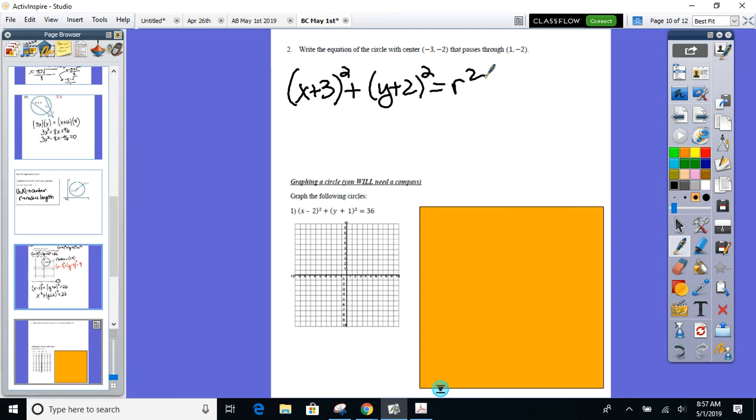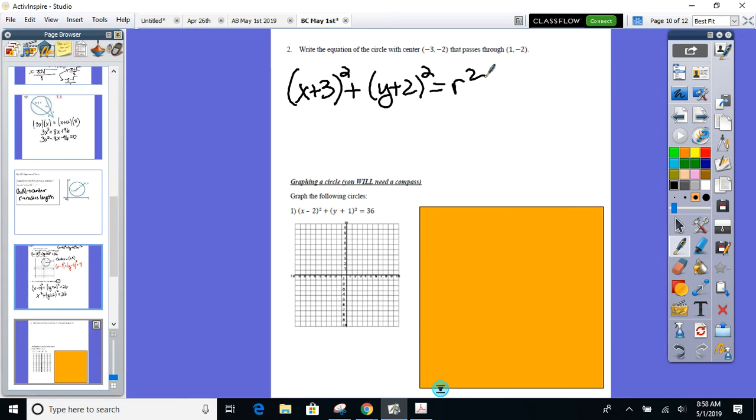We don't have a radius, Teddy, but that's what we're trying to find. But what? Talk to me here. Correct. From the center, -3, -2 to 1, -2, that would be my radius. If I could find that length, I could do the distance formula.